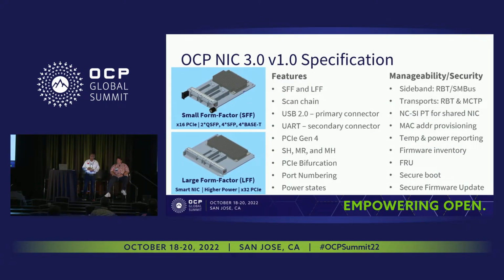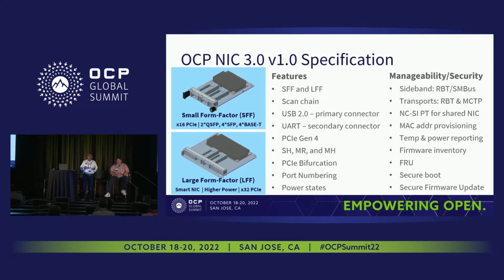Let me spend some time on the baseline spec. When we started, the idea was to focus on some of the key functionality. So we initially started in 1.0 with small form factor and large form factor. All the mechanical and electrical aspects of those two form factors were defined. Also, we paid a lot of attention to the debugging aspect, so the scan chain interface, the interface we had on both primary and secondary connector.